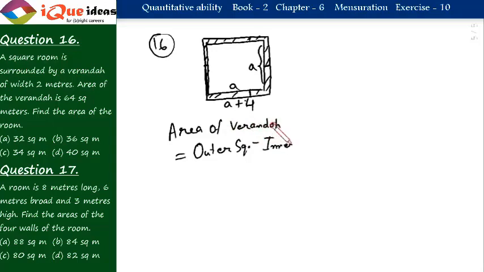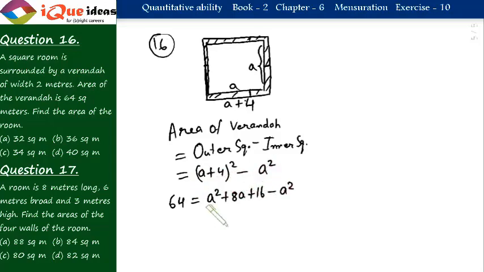Now outer square area would be A plus 4 whole square minus inner square area would be A square. And the area of veranda is given as 64. So we can say 64 is equal to, open the square of A plus 4, you will get A square plus 8A plus 16 minus A square.